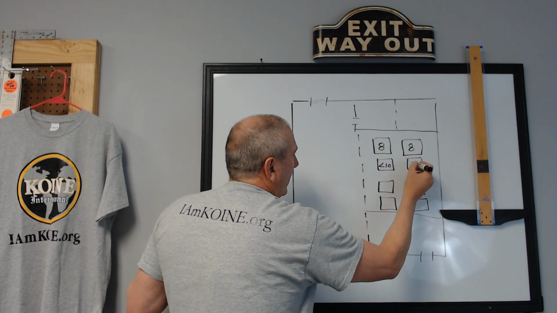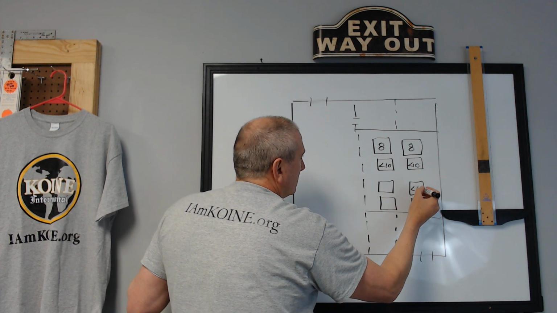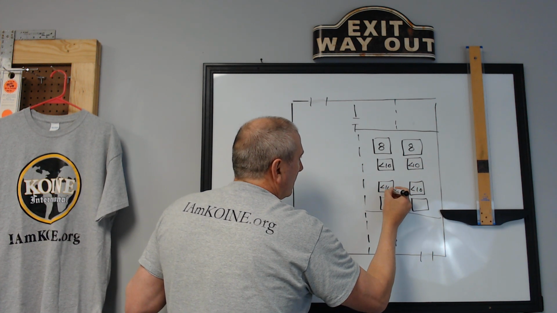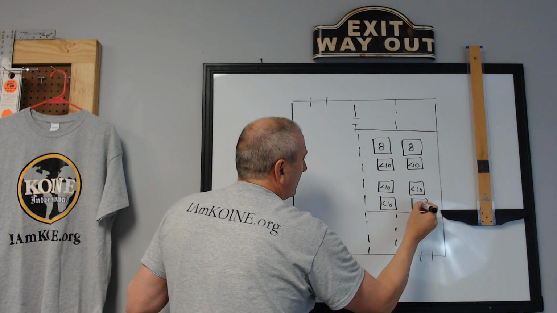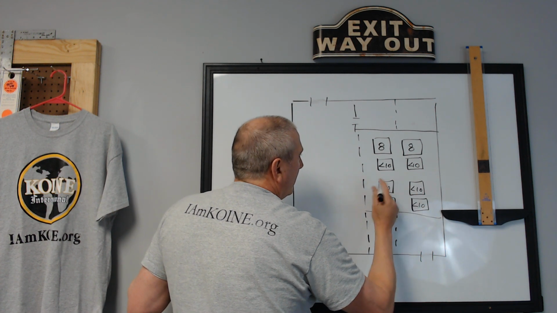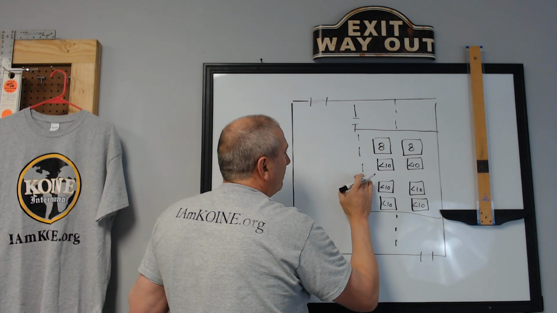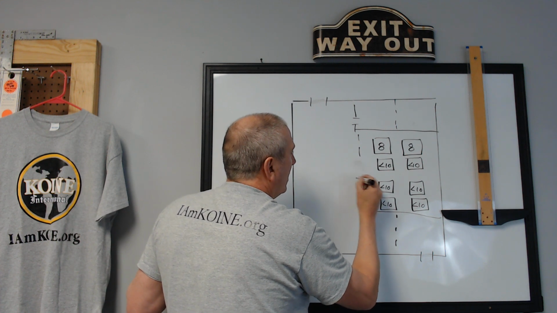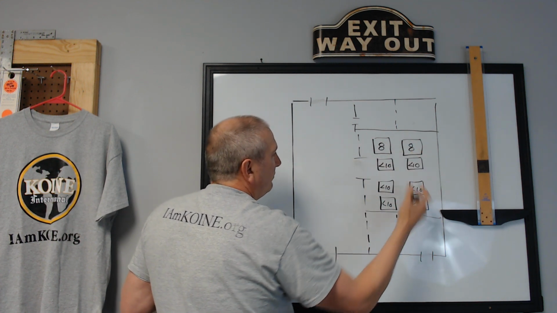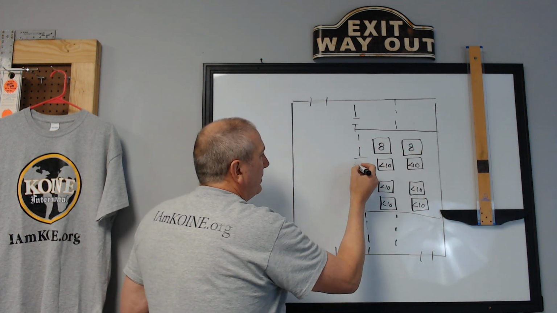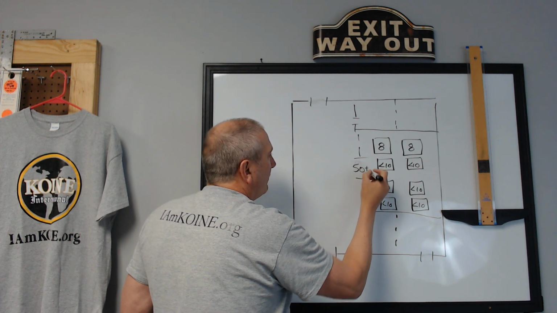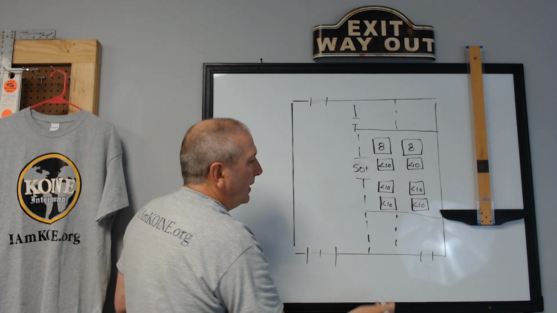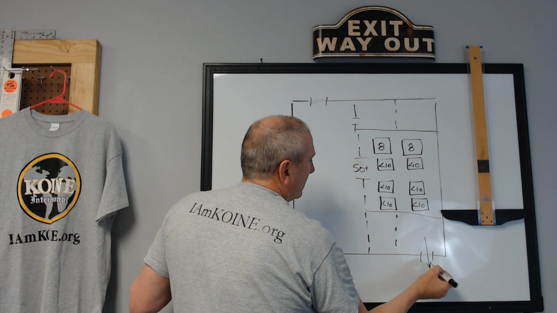I'll just draw that, less than 10. And this is where people will go. Let's say this is 50 plus. So if you're over 50, we'll put you there and then let you exit here and enter here.